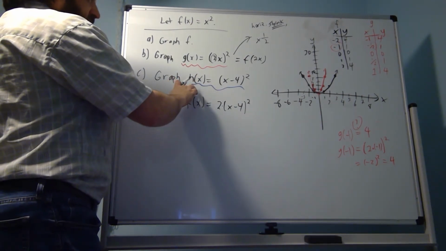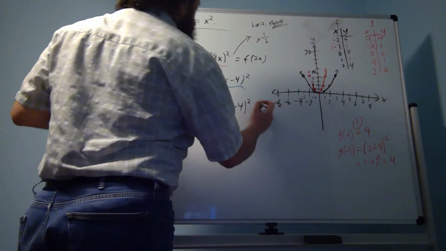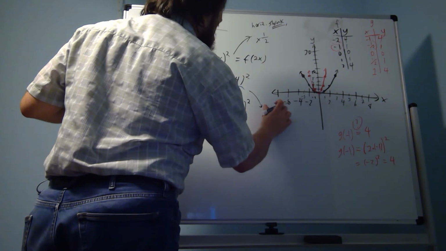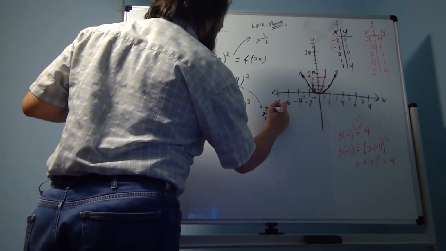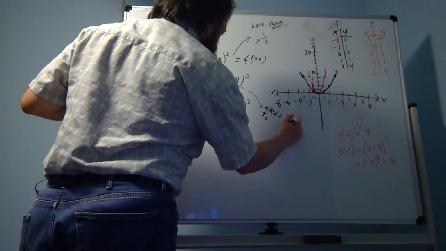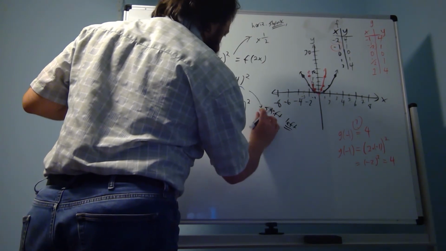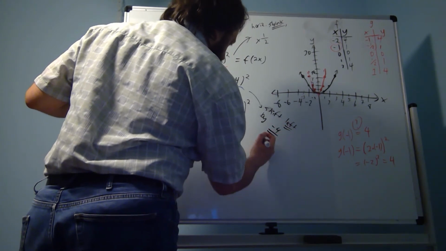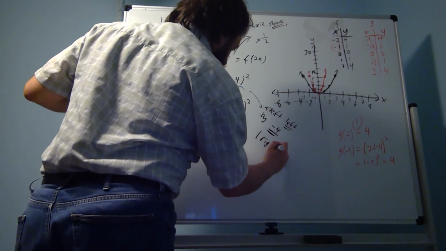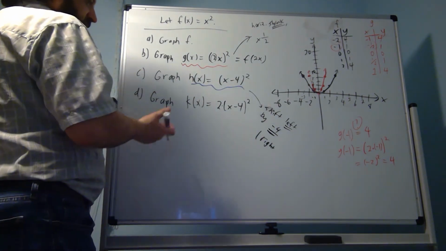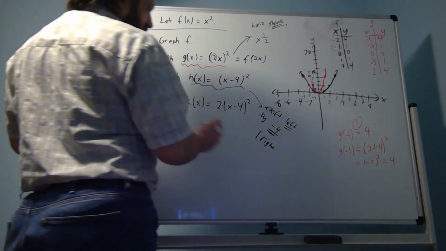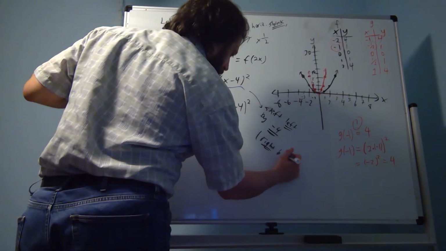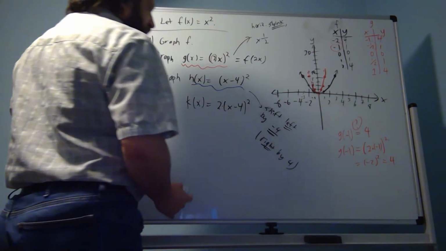The rule says the plus or the minus matters, but it's left. You shift left by -4, and left and right are opposites, and plus and minus are opposites. So if you shift to the left by -4, then that's just right by +4.